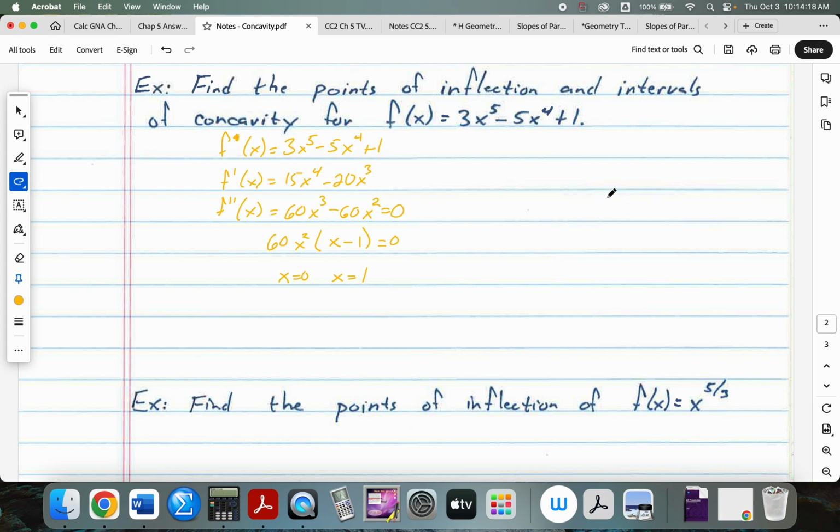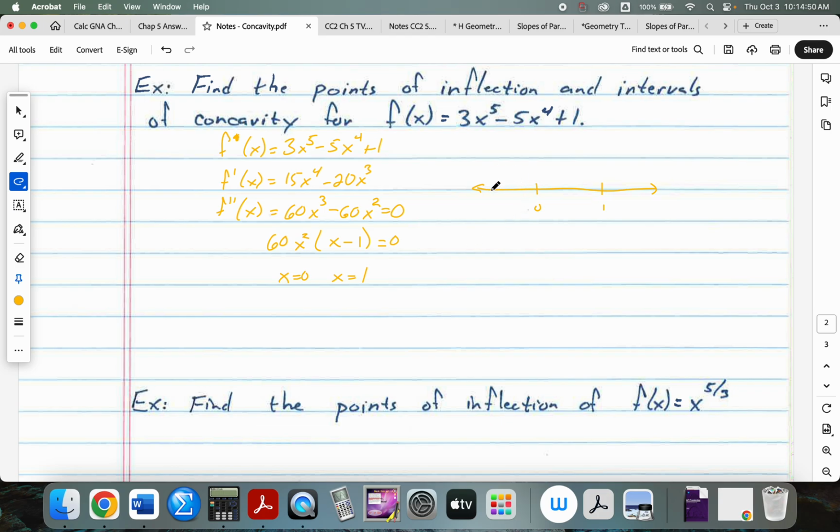And what we can do is very much like what we did on your homework last night. We can use a number line to section the real numbers into 3 different intervals. And what I want to look at is, is f double prime positive or negative in each one of those?